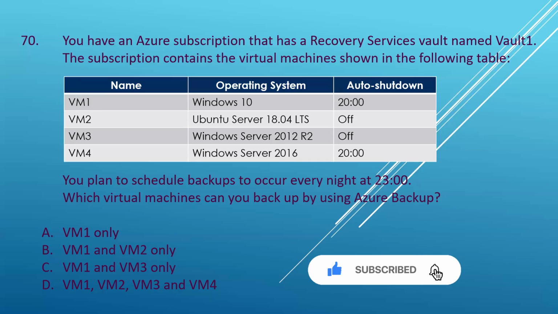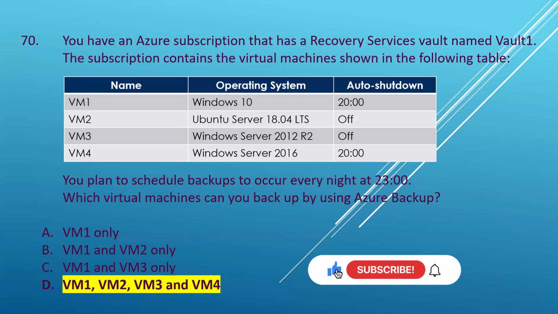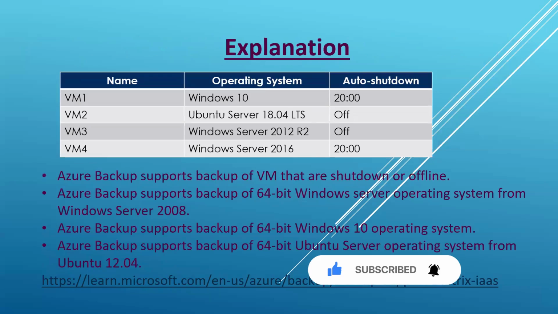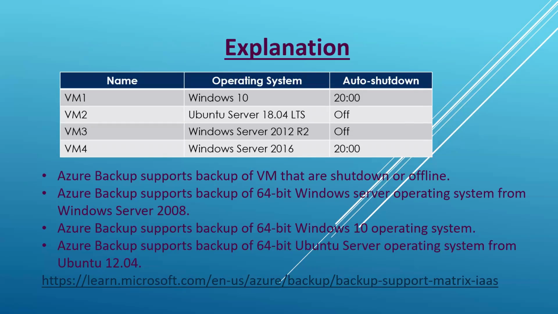Now, in this case, you should be able to back up all the VMs using Azure Backup. Let's look at a detailed explanation for why all VMs can be backed up. In the table, you can see 2 of the VMs are getting auto shutdown at 8. The first statement in the explanation says Azure Backup supports backup of VMs that are shut down or offline.